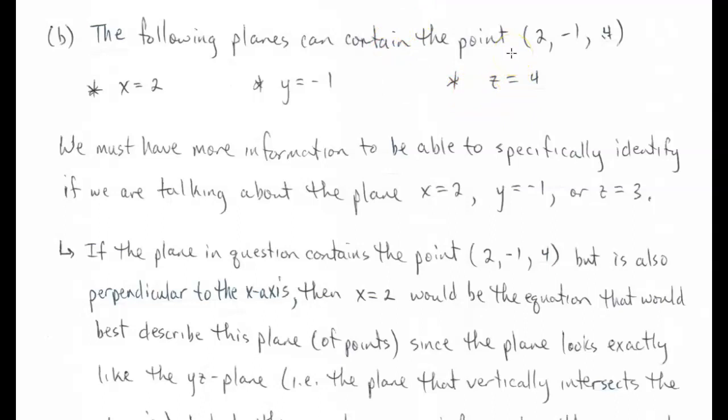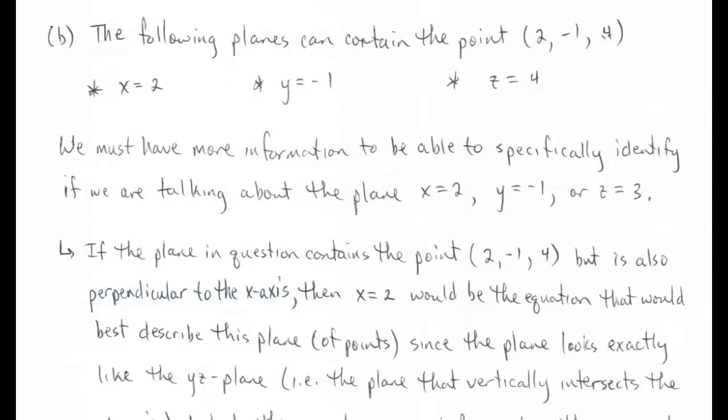We know that that point could be on there. Now, the thing is, we need to figure out, well, specifically, which plane do we want? And depending upon how we describe that plane would tell us which one we would want. And we need to be judicious in actually doing that description.